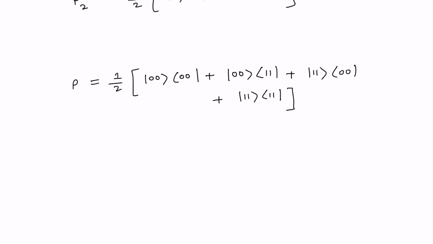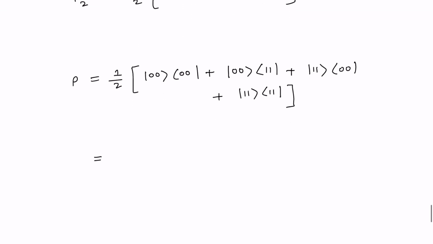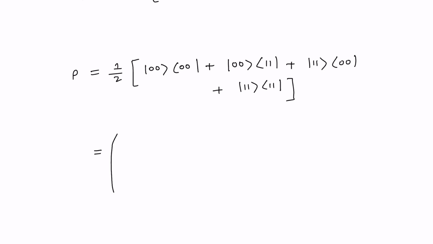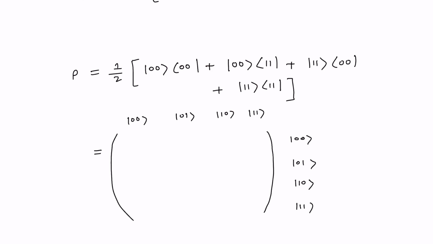Now the trick to write this in the matrix form is as follows. I will arrange my rows and columns in such a way. Let us say here I put 00, 01, 10, 11 as rows, and here 00, 01, 10, 11 as my columns. Now you just pick up the terms.